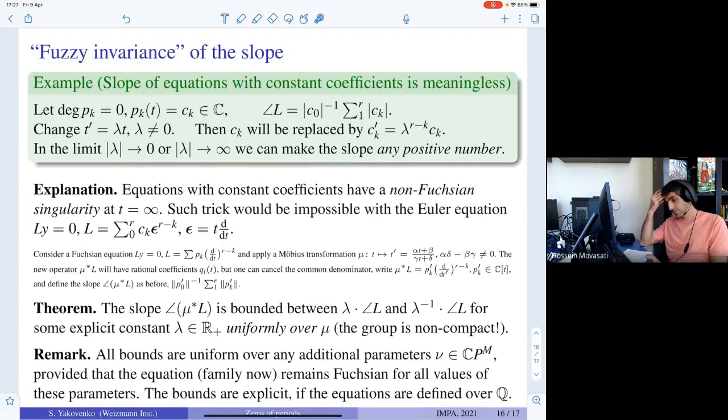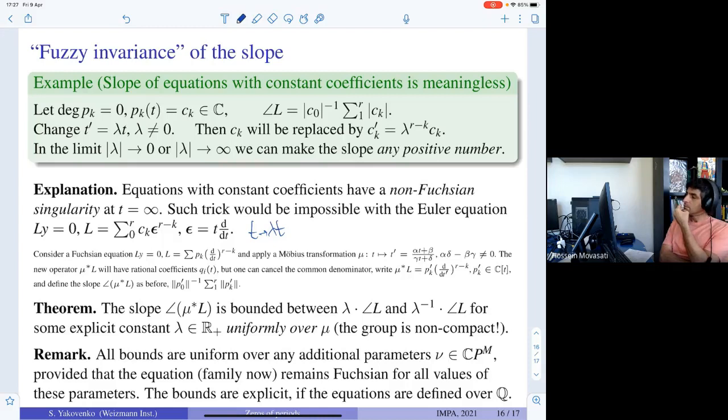To see this, just note that if you take an Euler equation, which has constant coefficients with respect to the Euler derivation, then the linear change t goes to λt preserves the equation.